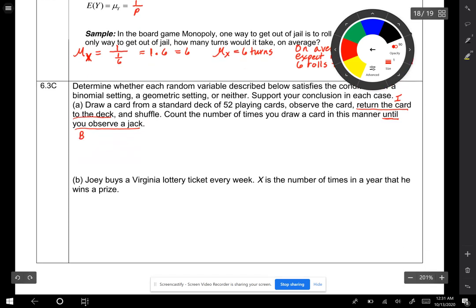So for B, for binary, it's success, you get a jack, failure, not a jack. For I, it meets the independence condition because you replace the card.